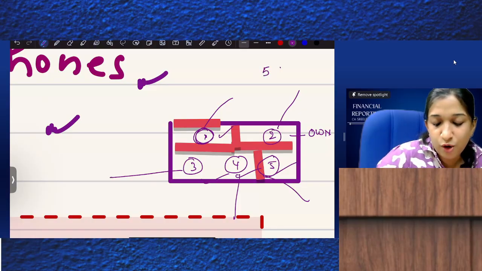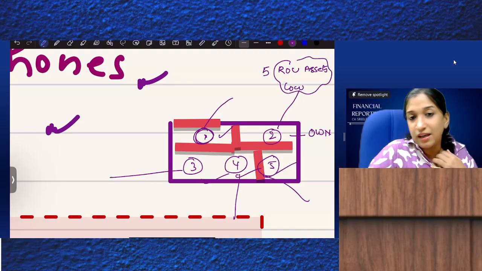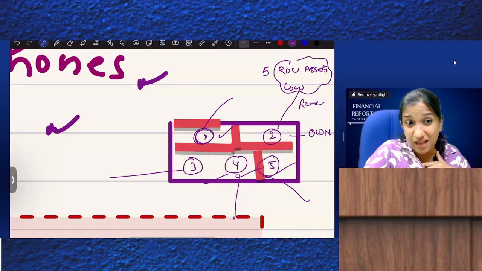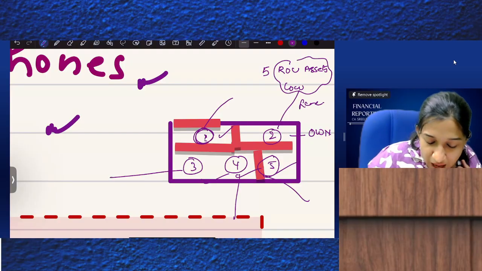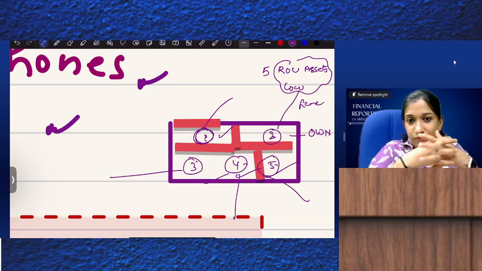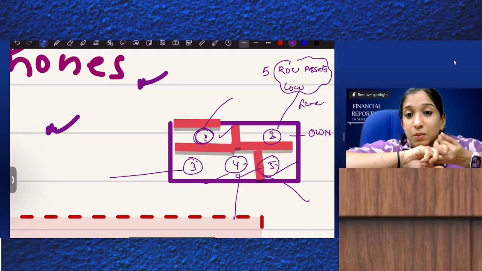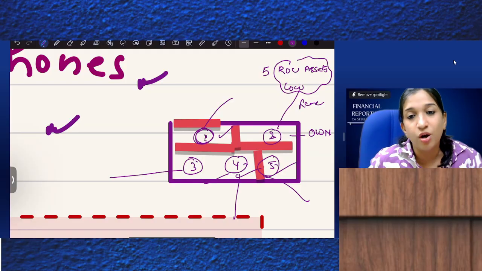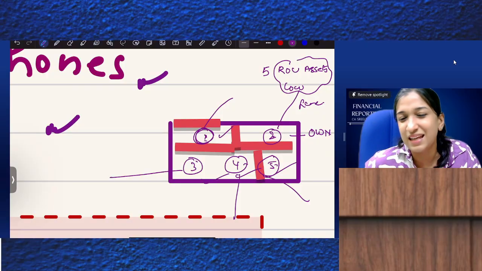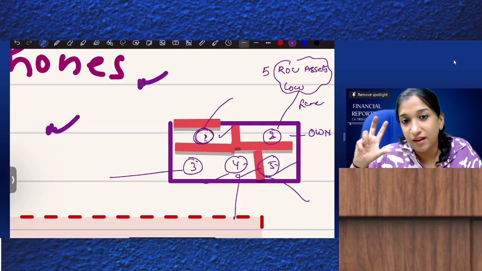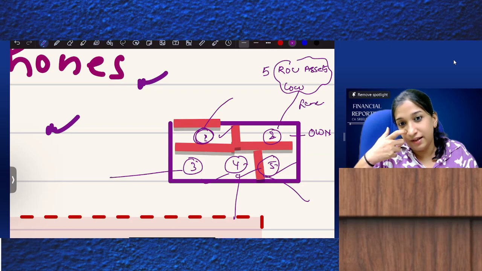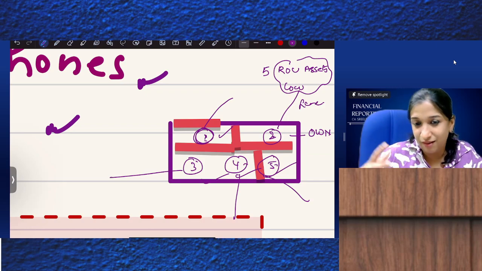Then I have 5 ROU assets for which I am claiming low value exemption, and lease accounting is not applicable. But the standard says these low value ROU items should not be interrelated, interconnected or interdependent.